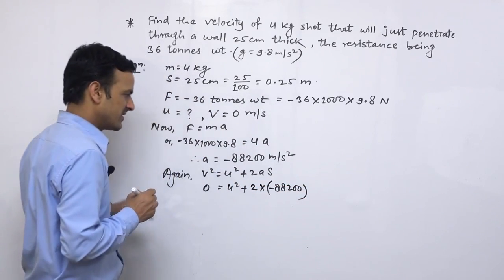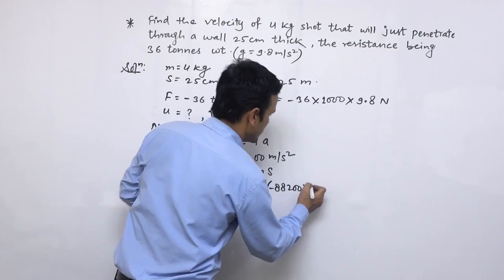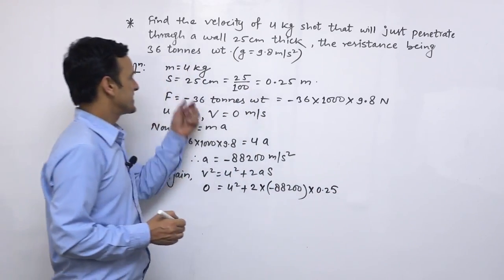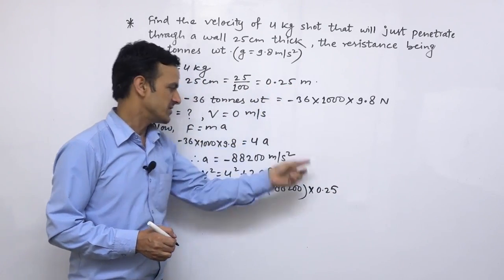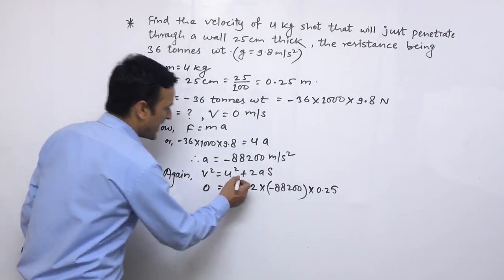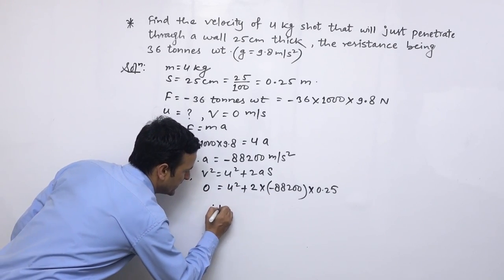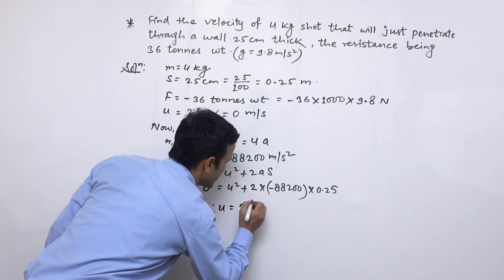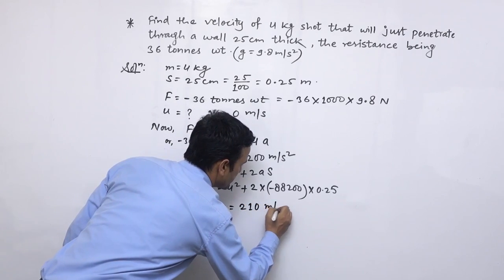This is a, and s means we have 0.25. So this is distance covered by body, 0.25. So if you find the value of u from here, then it will be 210 meter per second.